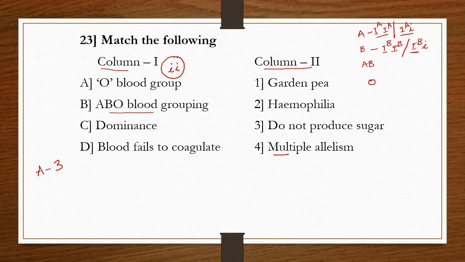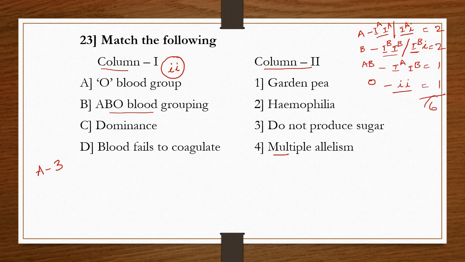So the B blood group is represented with two genotypes, the AB blood group with IA IB, and the O blood group with small i and small i. So now there are a total of four blood groups, but six genotypes. A has two genotypes, B has two genotypes, AB one genotype, and O one genotype.